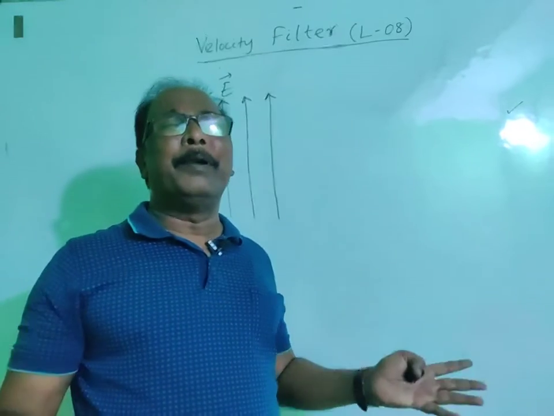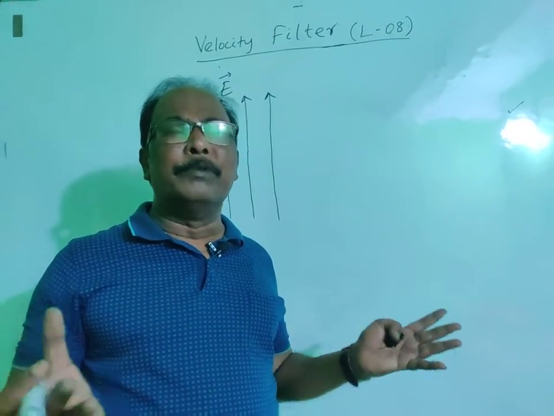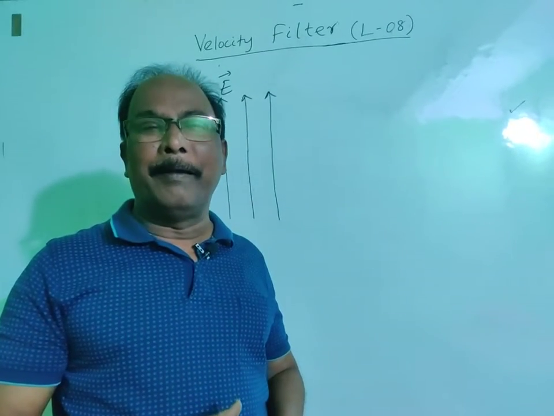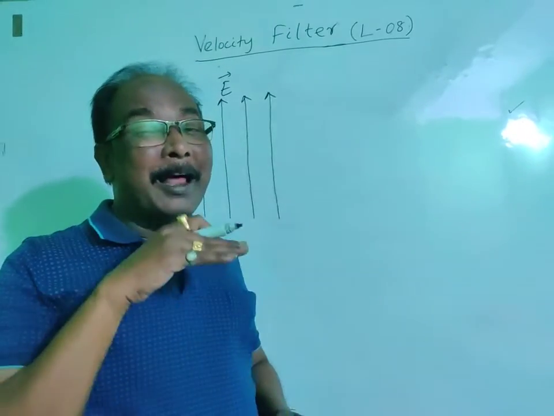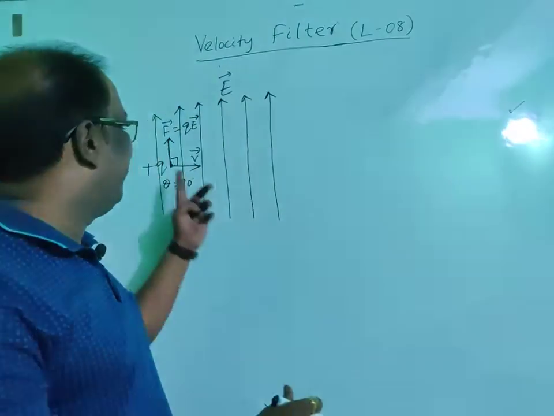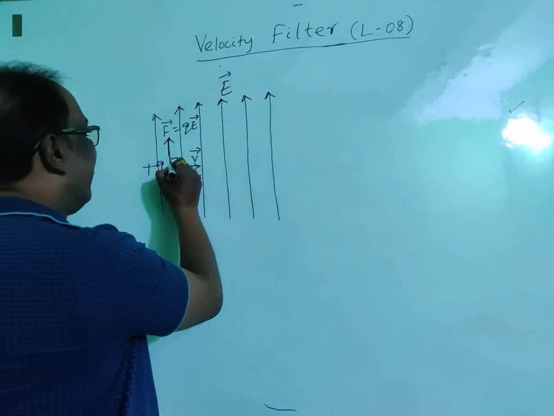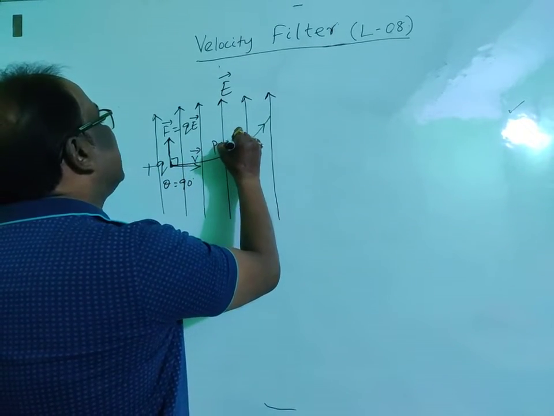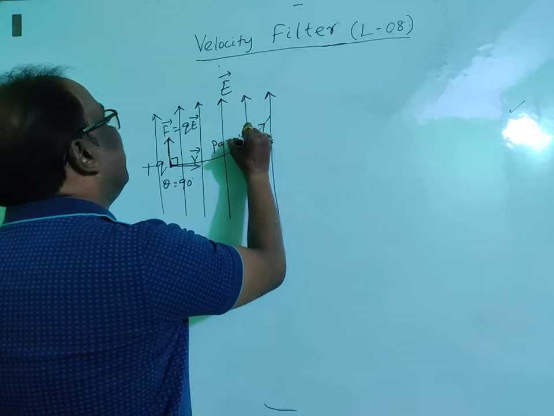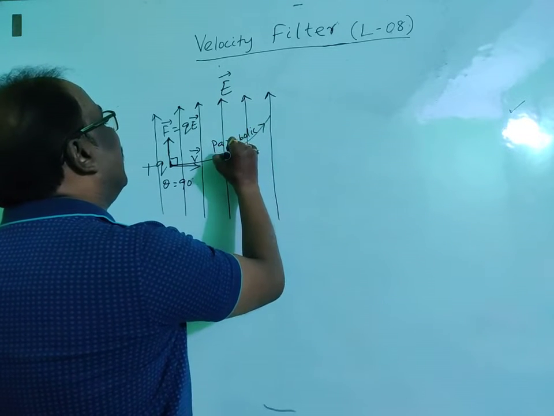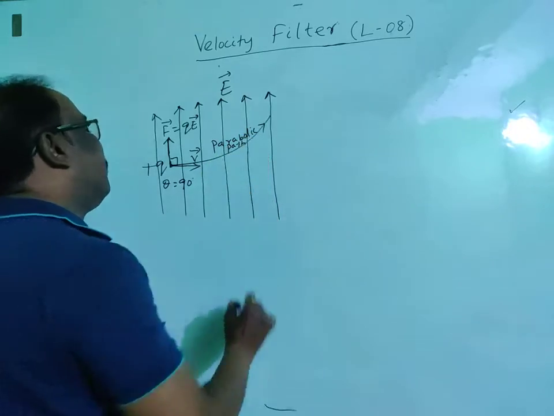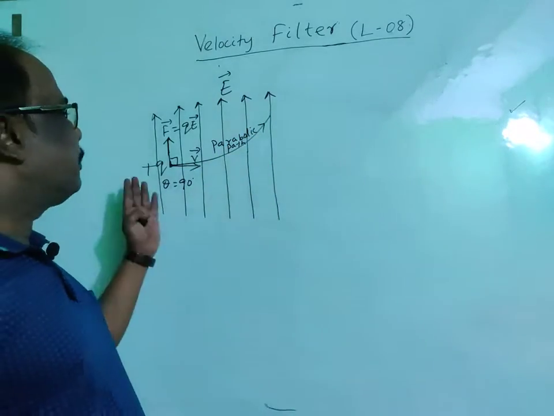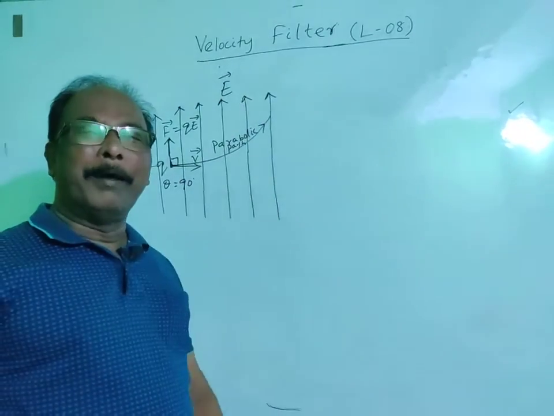As we have discussed, if a charged particle is projected into the electric field at an angle of 90 degrees, it will follow a parabolic path. So the nature of the trajectory is parabolic.